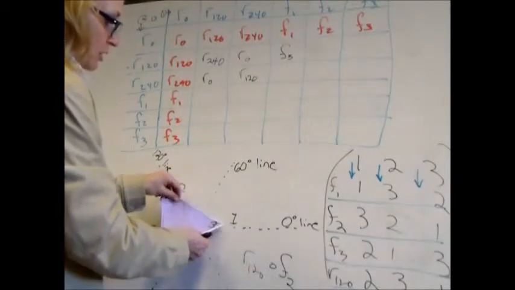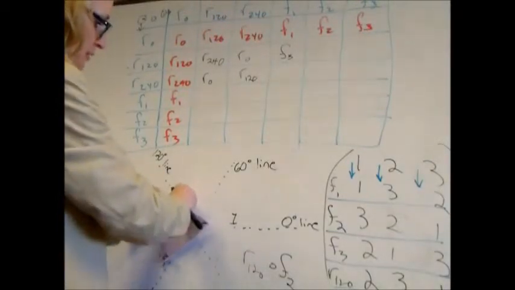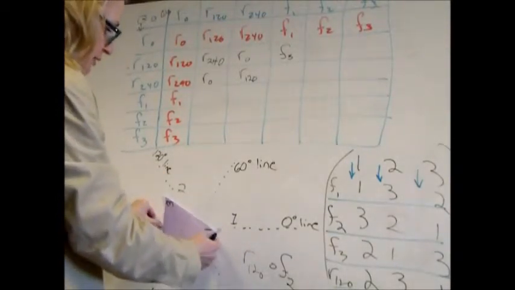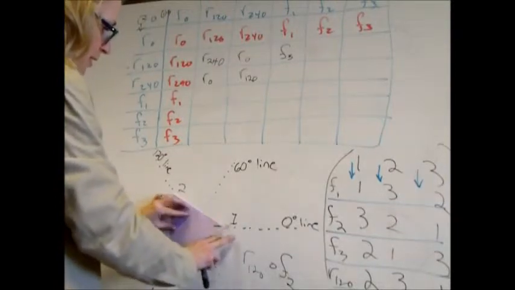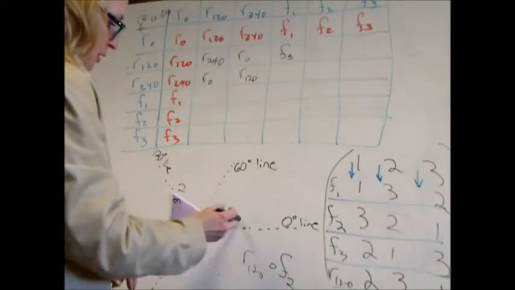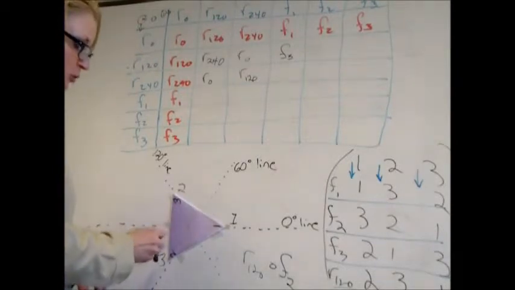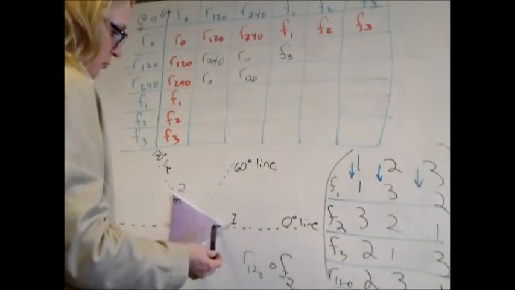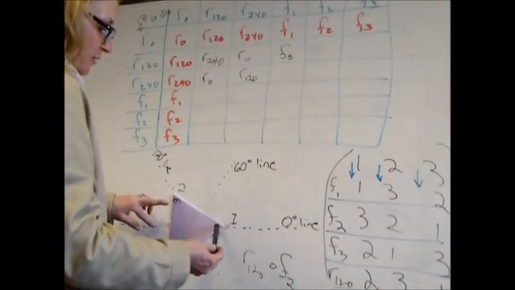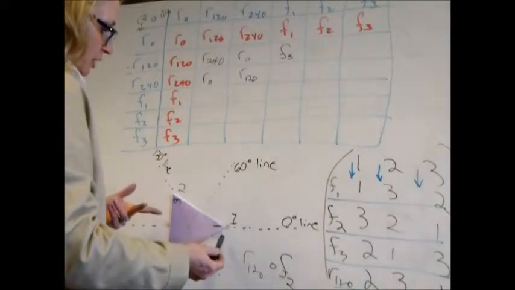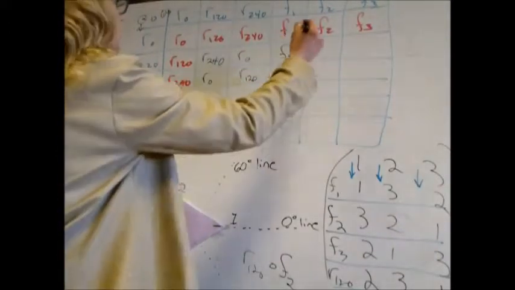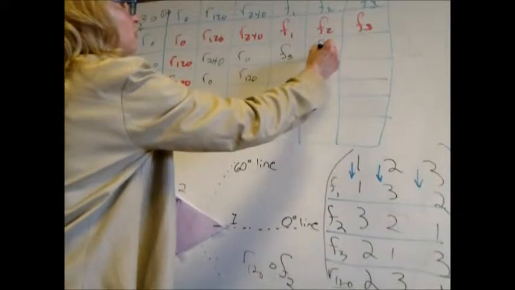And then I do a rotation of 120 degrees. So what you see happens is, at the end here, 1 went to 1, 3 went to 2, 2 went to 3. That's the same as F1, where we fixed the vertex 1 and interchanged 2 and 3. So we find that this is F1.